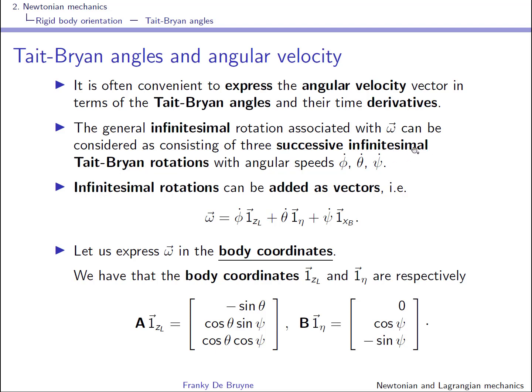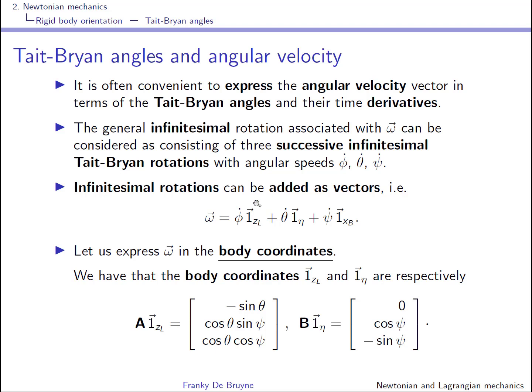We've seen at the beginning of the course that 3 successive infinitesimal rotations can simply be added, right? This is what I'm doing here, and this of course will correspond to a rotation around the angular velocity vector, right?